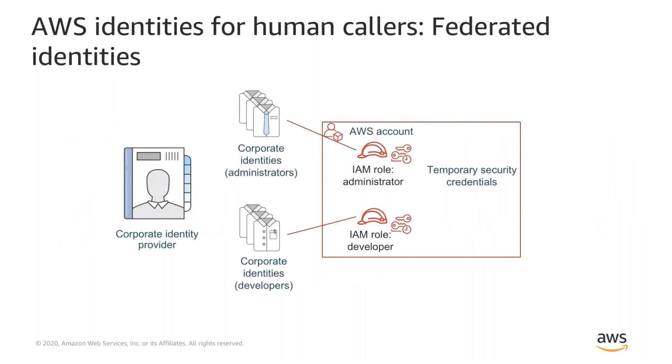Okay, coming back to human identities, you can also create IAM roles that can be assumed by users. This IAM model is called IAM Federation. In this situation, a company administers the workforce identities in an identity provider that supports the Security Assertion Markup Language standard, also called SAML, or the OpenID Connect standard, also called OIDC.